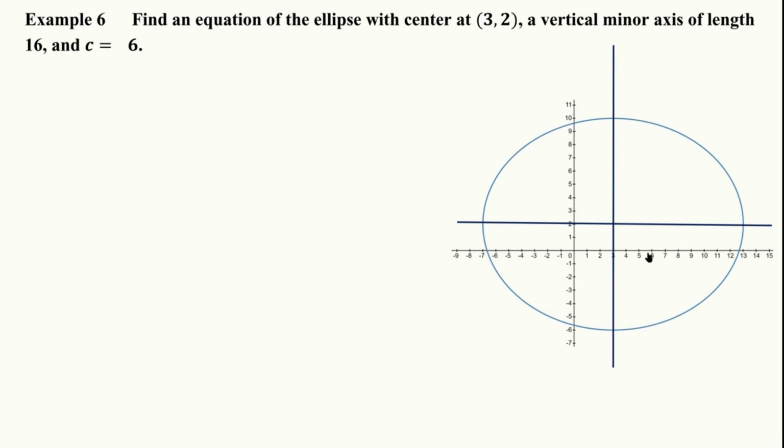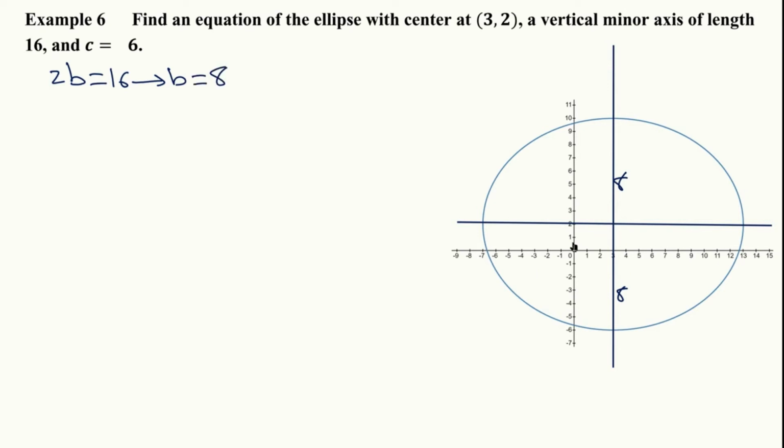Now, because the minor axis from here to here is 16, that's going to make each of these two pieces 8, right? And that's going to be b. So in other words, 2b is equal to 16, therefore b equals 8.